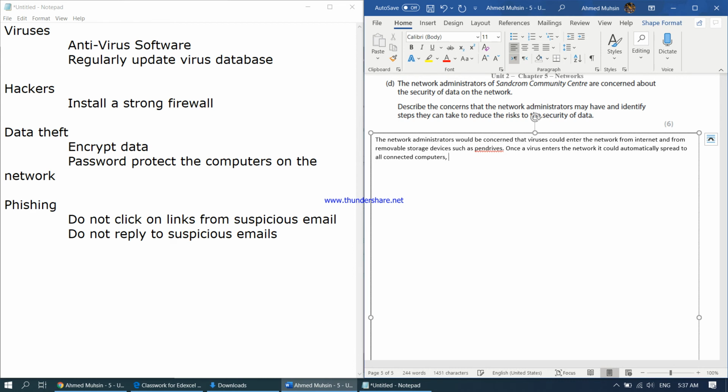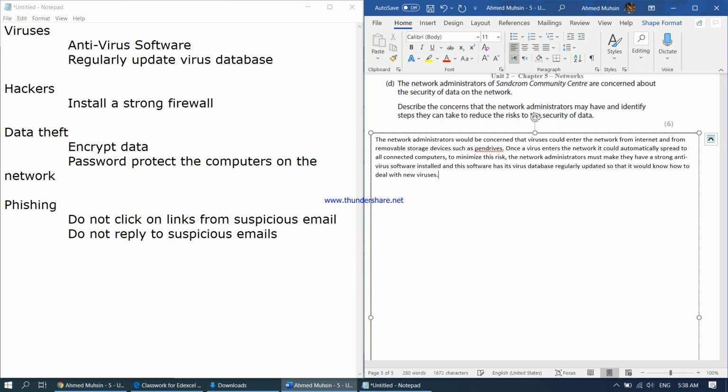To minimize this risk, the network administrators must make sure they have a strong antivirus software installed, and this software has its virus database regularly updated so that it would know how to deal with new viruses.